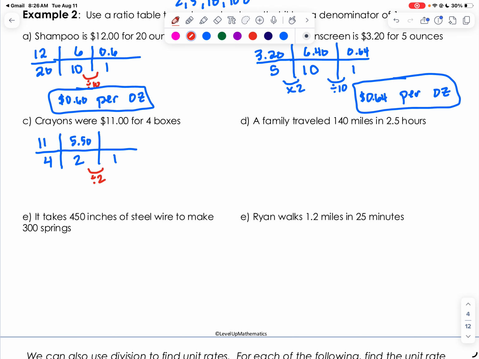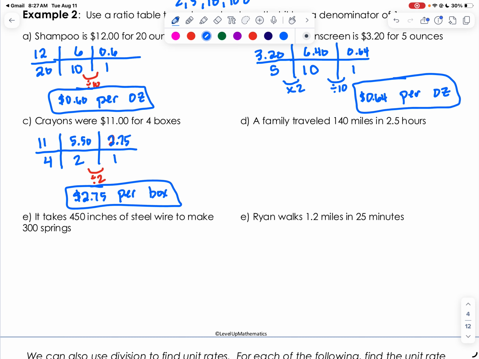Now, $5.50 divided by 2. Half of $5 is $2.50, and half of 50 cents is 25 cents. So this would be $2.75. So the cost would be $2.75 per box.